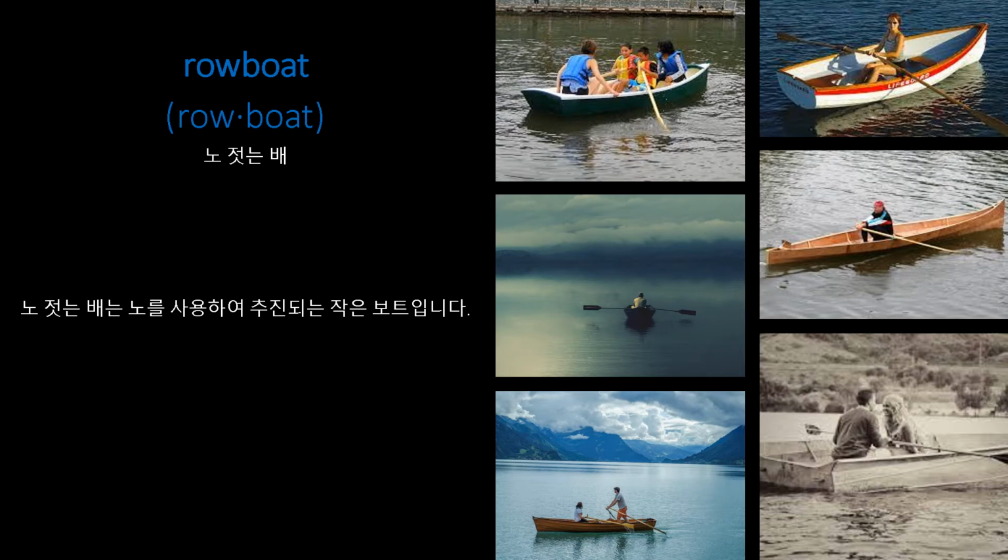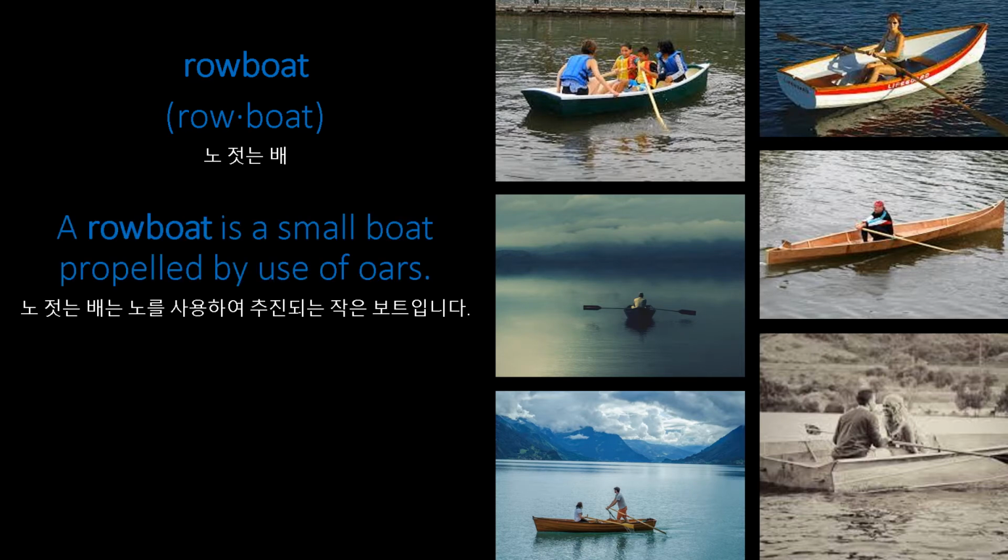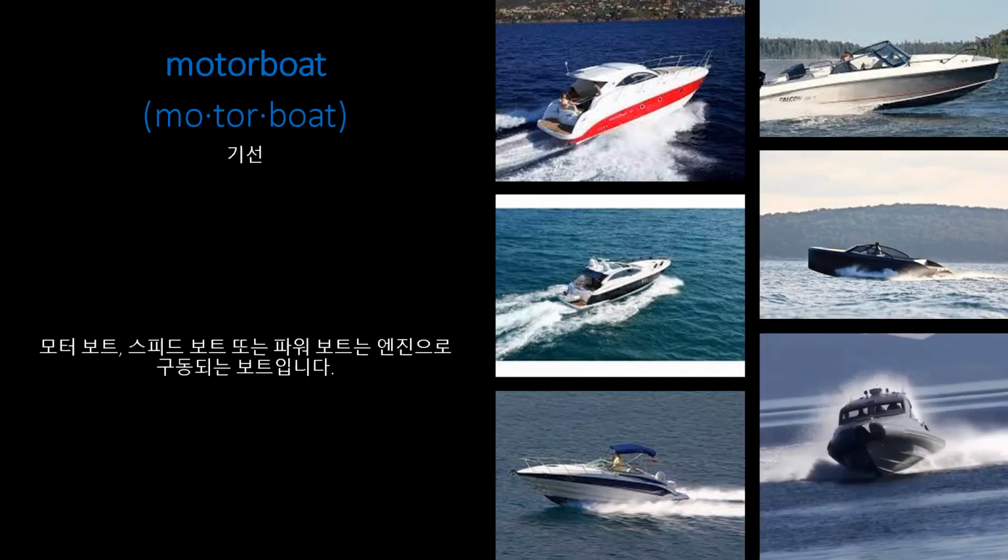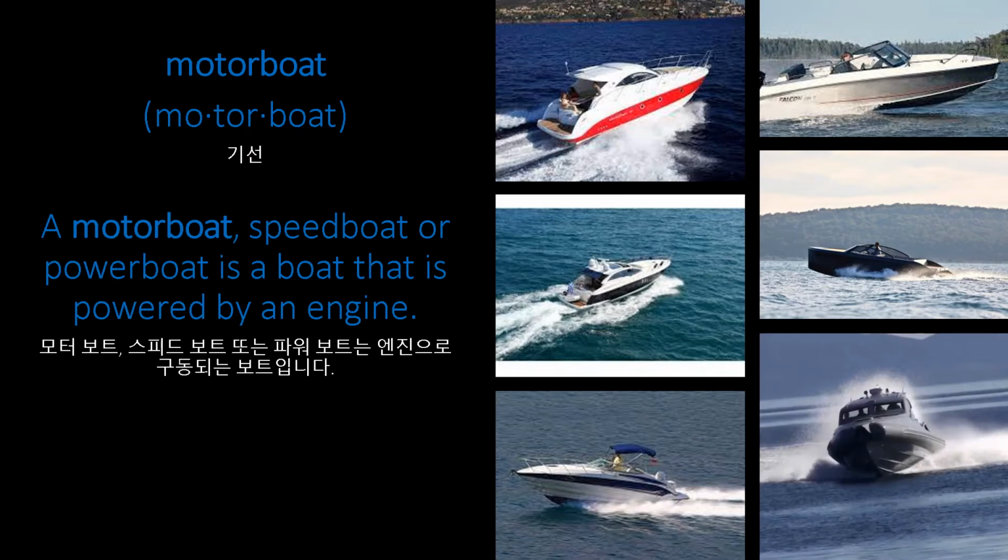Rowboat. A rowboat is a small boat propelled by use of oars. Motorboat. A motorboat, speedboat, or powerboat is a boat that is powered by an engine.